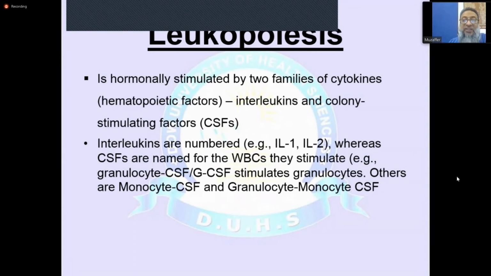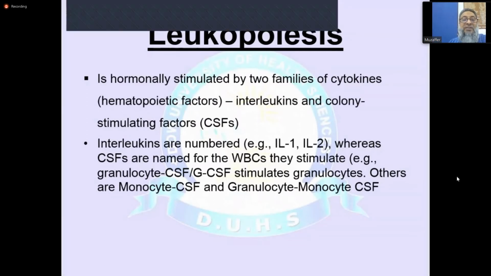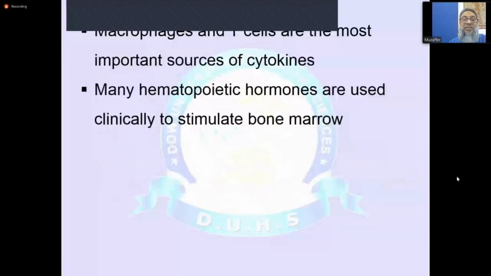Now, if these factors are not available in the body, we cannot develop matured functional white blood cells. Sometimes this happens in a disease like leukemia, which is an abnormal cancerous state of the blood cells, which produces an increased number of immature cells. They are ineffective. Quality wise, they are not functional.